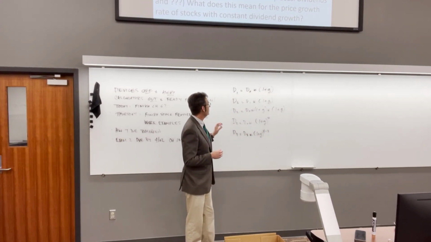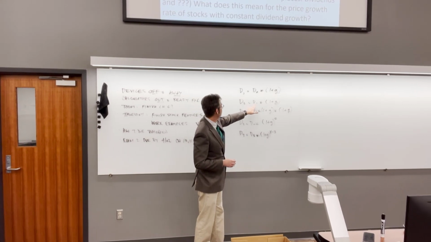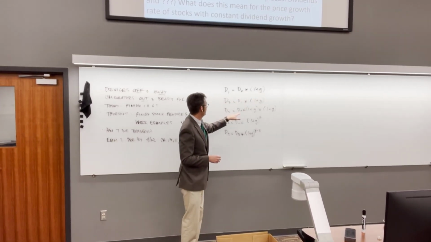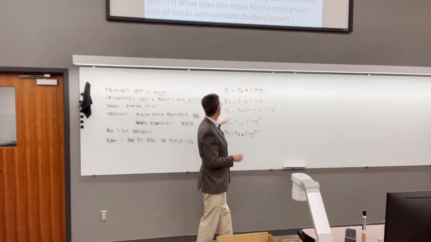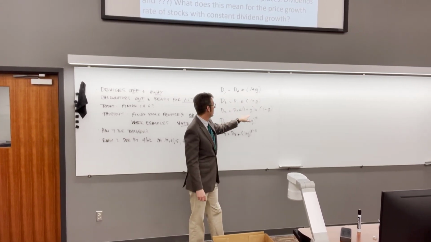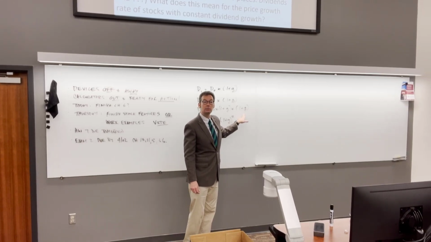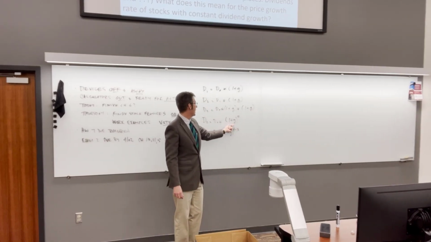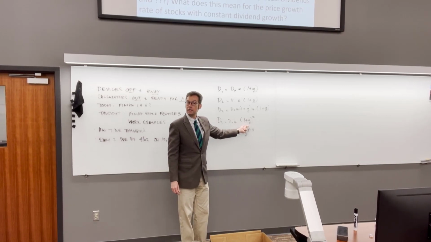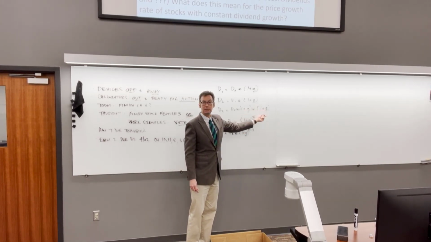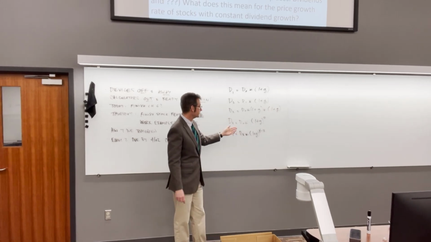Well, if I use the substitution principle, because this thing is equal to this thing, all I have to do is drop that in there, and I end up with D2 is equal to D0 times 1 plus G times 1 plus G. And if I do a little bit of math magic here, then I end up with 1 plus G squared, because that's just something times itself is the square, right?